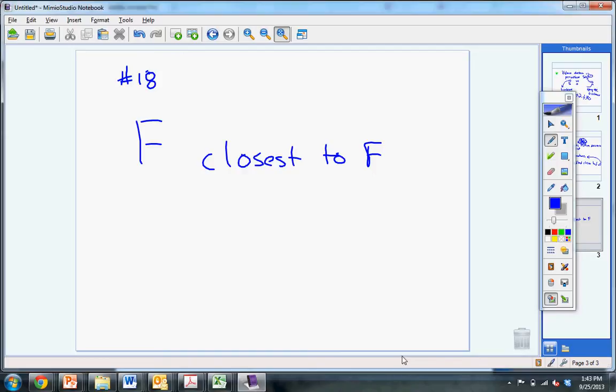What are the choices? The one closest to phosphorus. And don't forget, or excuse me, the one closest to fluorine. As you go up and to the right, electronegativity increases, but everything is based off of F.